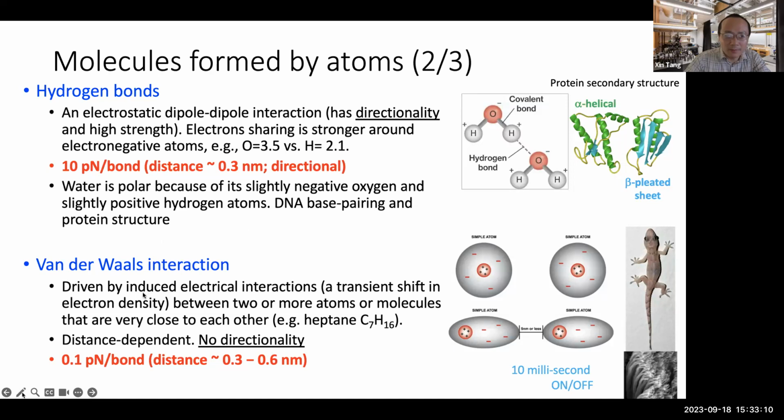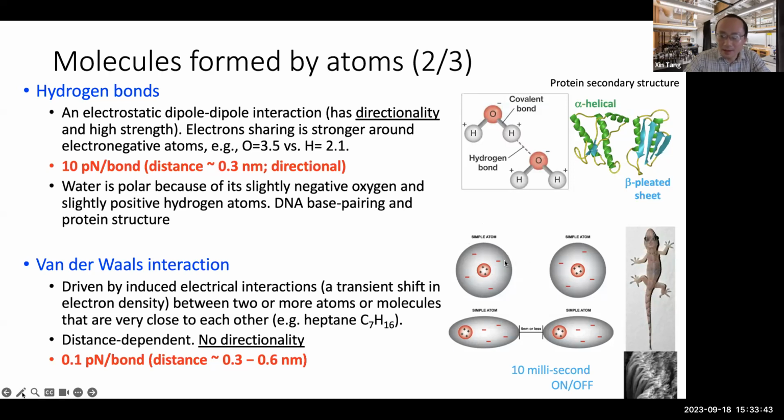It is driven by induced electrical interactions. So for induced interaction, it means for any molecule, for example, we have two molecules, two single atoms. Let's talk about the molecular scale. We have two single atoms here, not necessarily in the water. They contain a positive proton inside and a negative electron outside surrounding it.